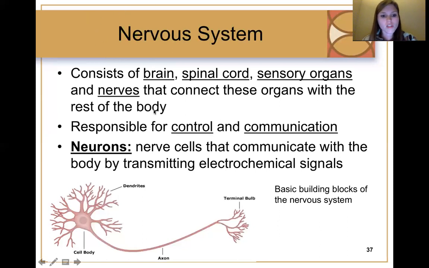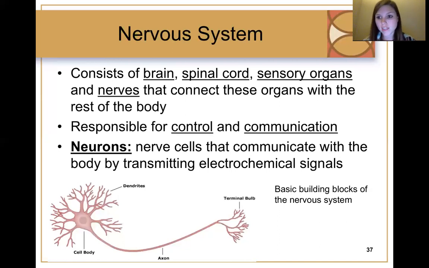The 2 main functions of the nervous system are control and communication. So the 2 C's. They control things that are going on in the body, and then they communicate with other organs. The neurons are what we call the nerve cells.